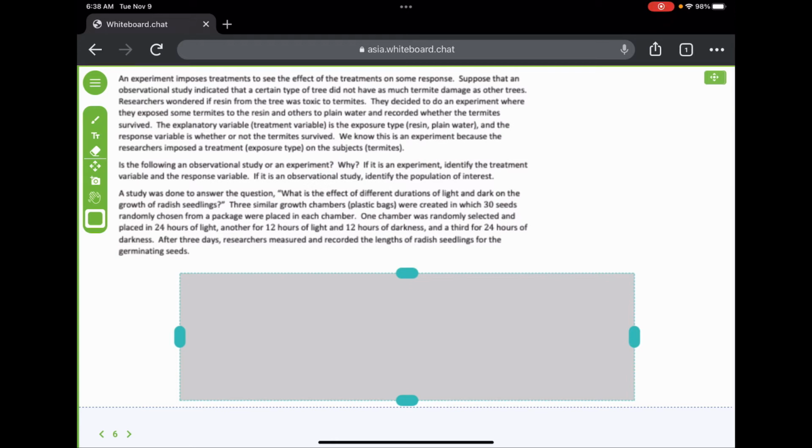Okay, it says right here, is the following an observational study or an experiment? Why? If it is an experiment, identify the treatment variables and response variable. If it is an observational study, identify the population of interest.